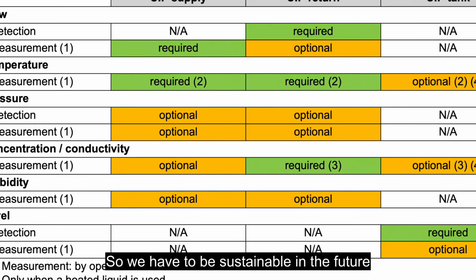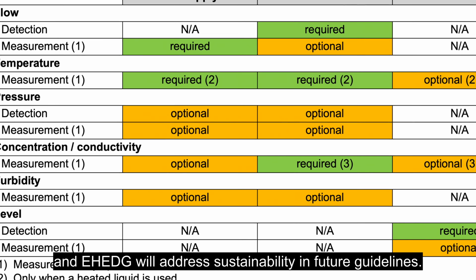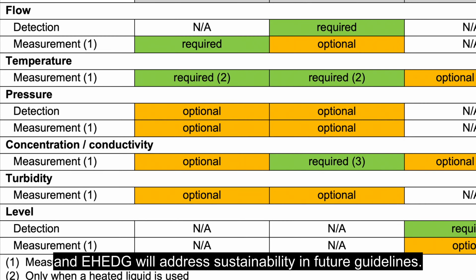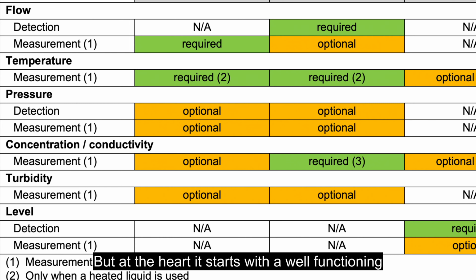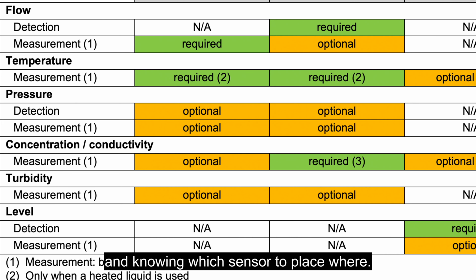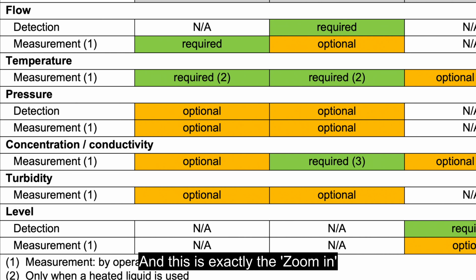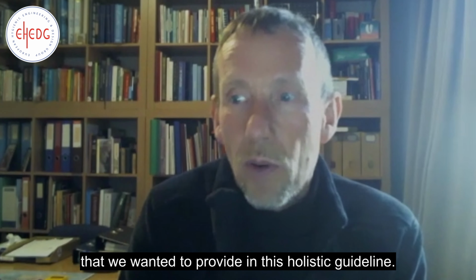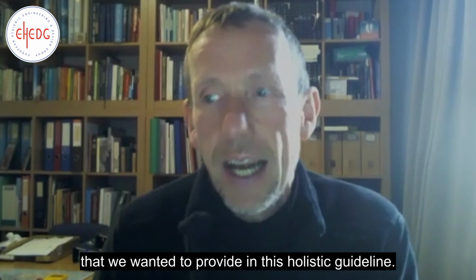So we have to be sustainable in the future, and EHEDG will address sustainability in future guidelines. But the heart starts with a well-functioning, optimized installation and knowing which sensor to place where. And this is exactly the zoom in that we wanted to provide in this holistic guideline.